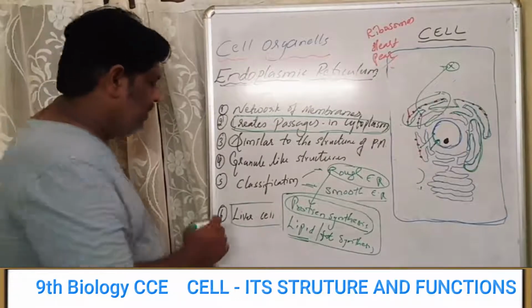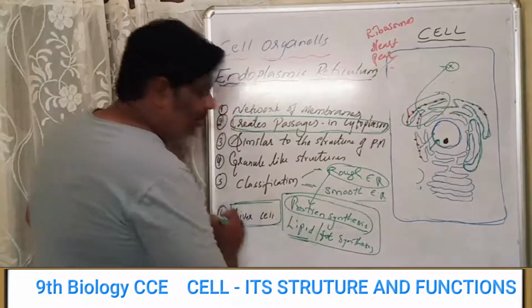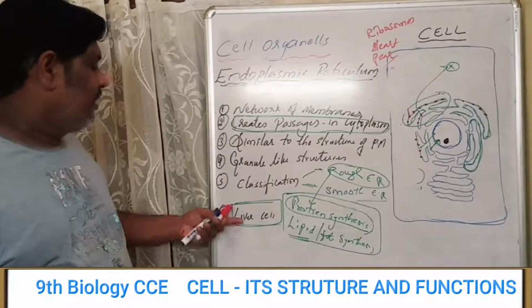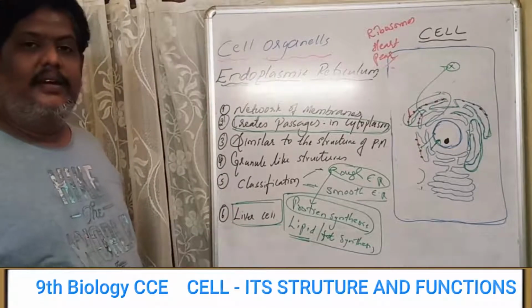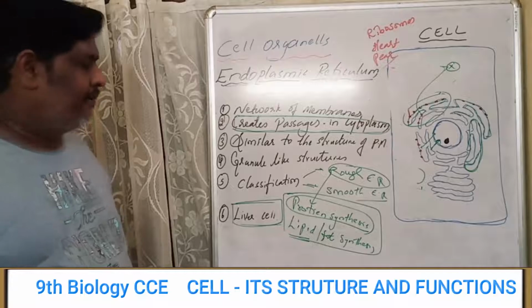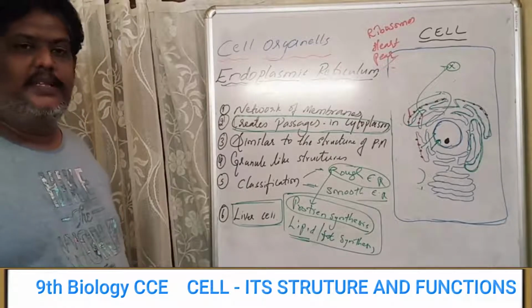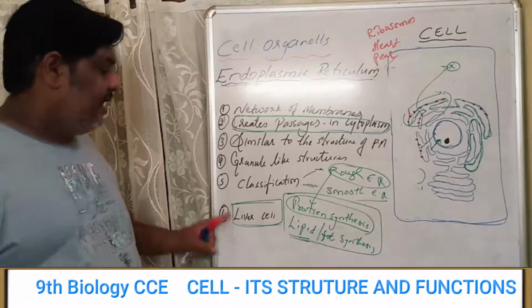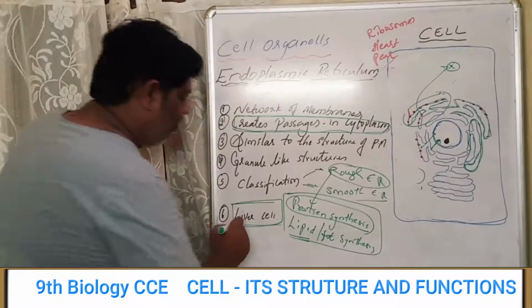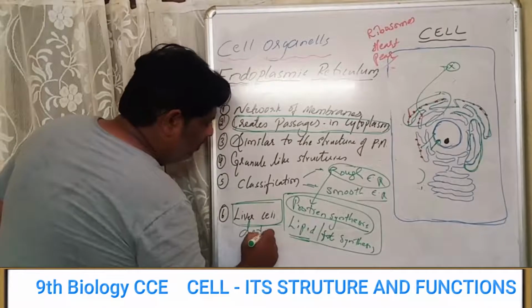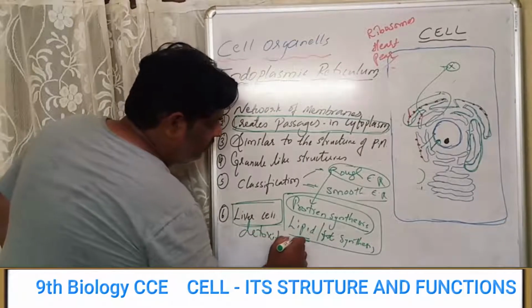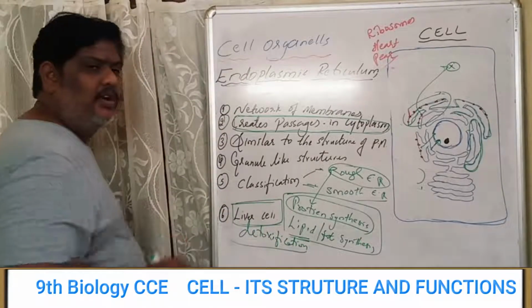And the next one is especially when you take our liver cells. In the liver cells there is smooth endoplasmic reticulum, and its major function is, this question usually comes in the examination, so keep it in your mind, liver cells have the function of detoxification. What is detoxification?